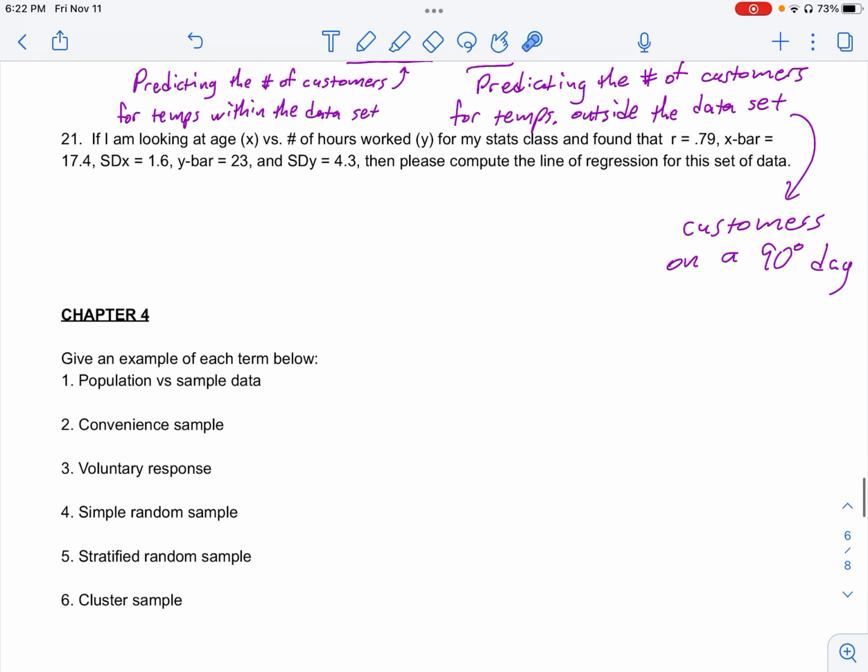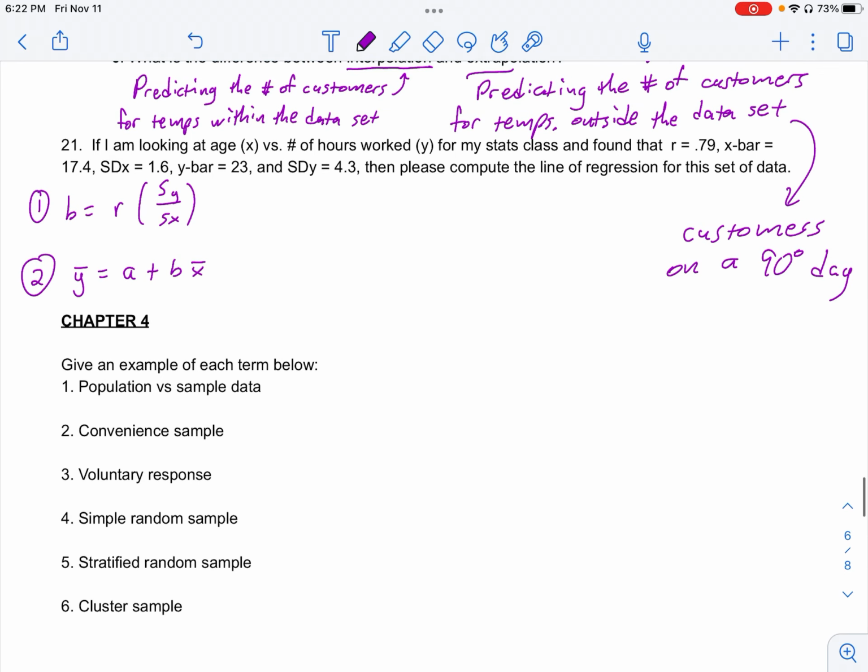This is when you need to use your green packets, unless you have these things memorized. And on the front page, there are three equations. One looks like this. And the second one looks like this: Y bar equals A plus B X bar. And the third one is put it all together.